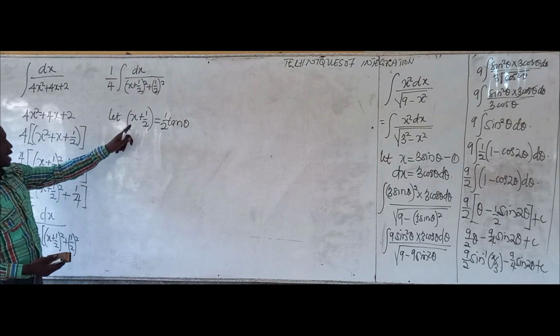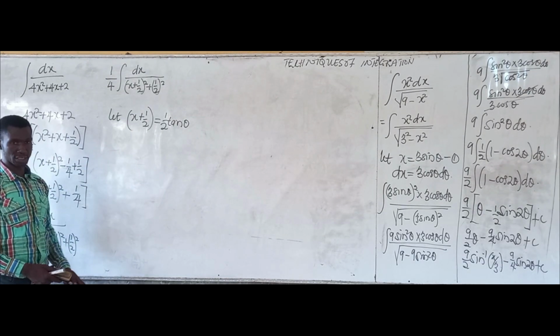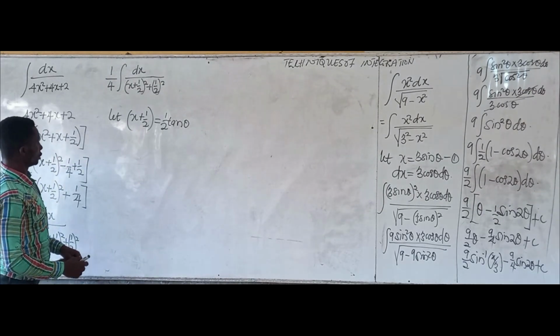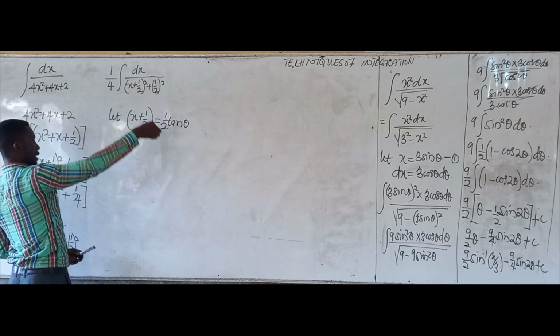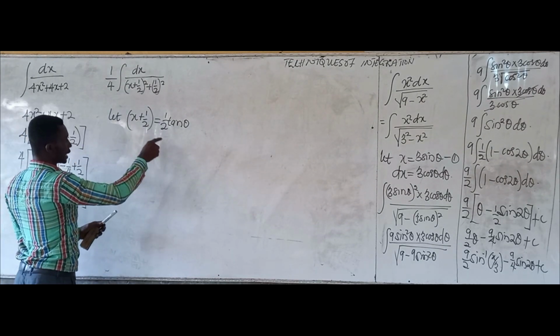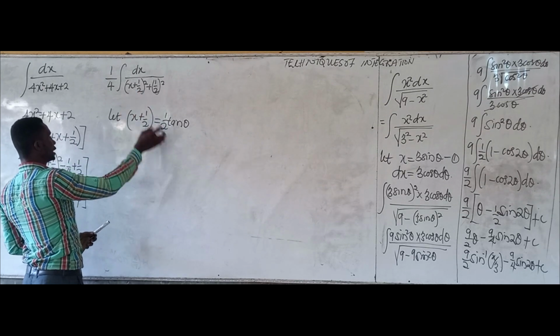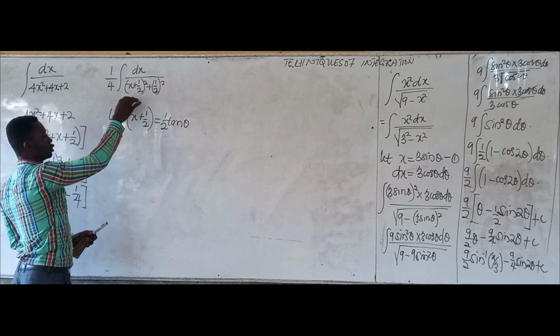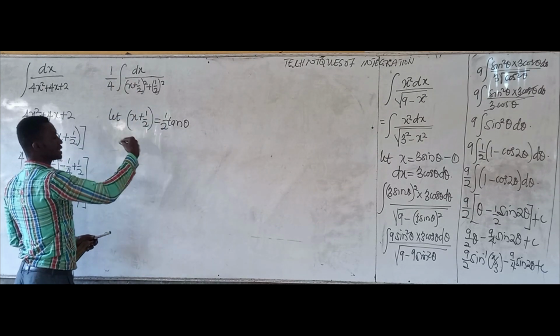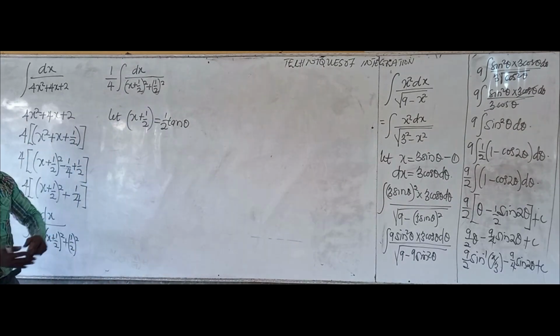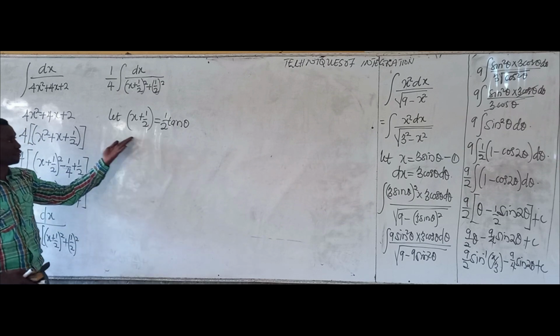So whenever I see x plus half, put there half tan theta. Now, because I've written tan theta to replace x plus half, then I have to express the x in terms of tan theta. The relationship between x and tan theta will manifest clearly when you differentiate this.